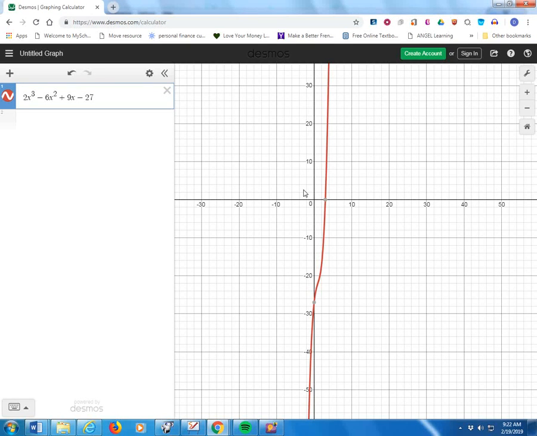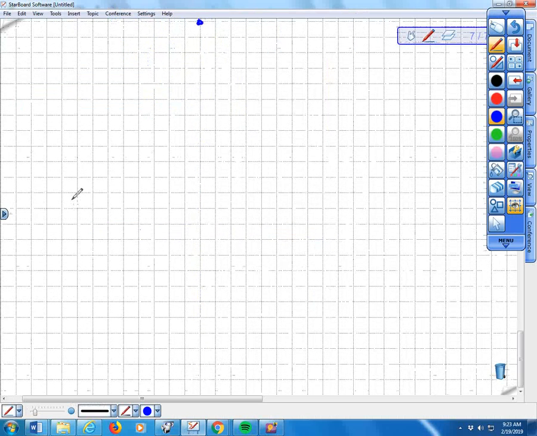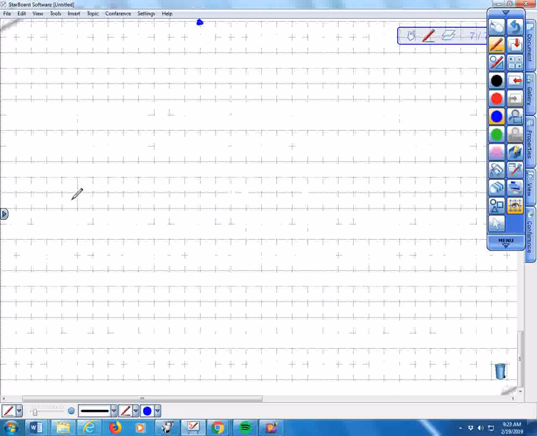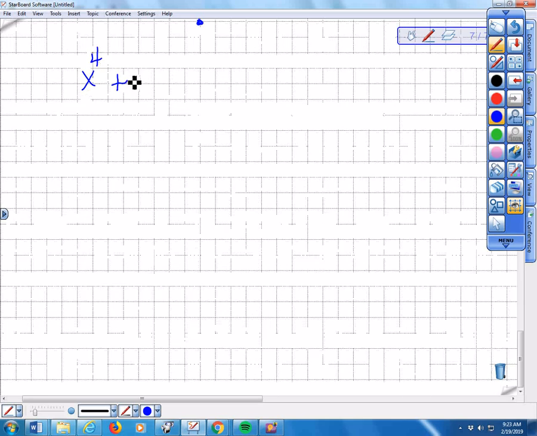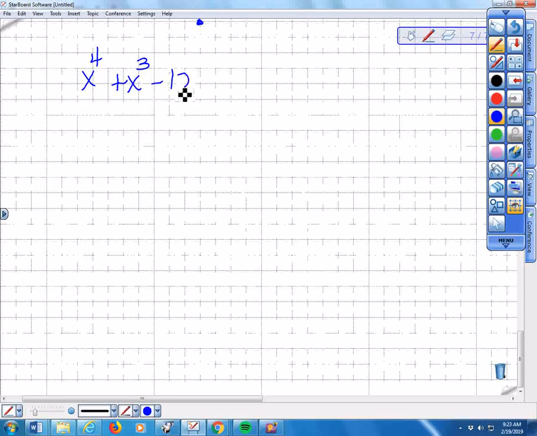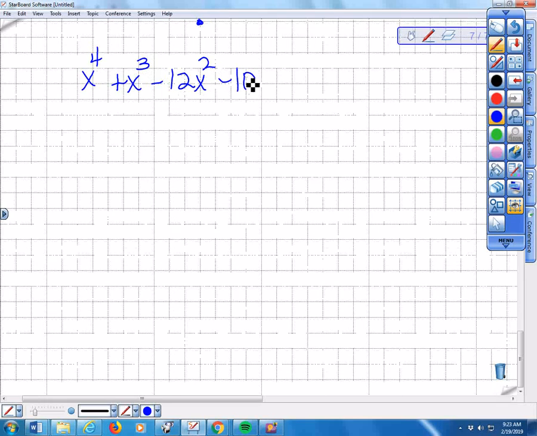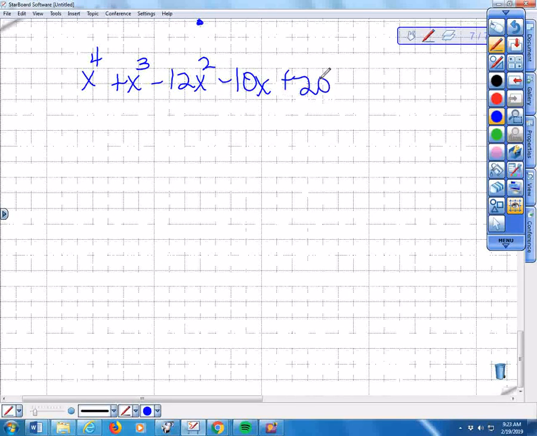Let's do one more with a 4th. X to the 4th plus x cubed minus 12x squared minus 10x plus 20. Okay, possibles here.